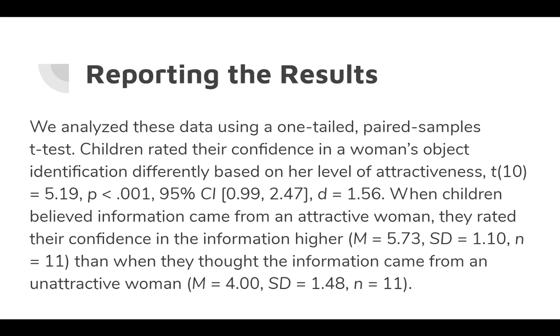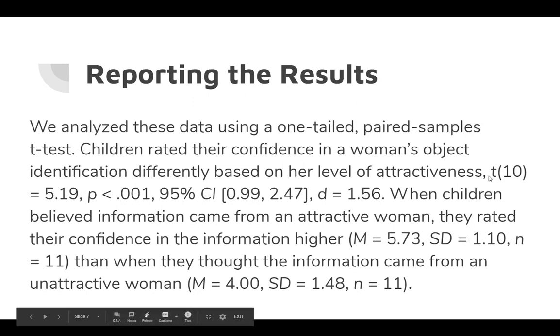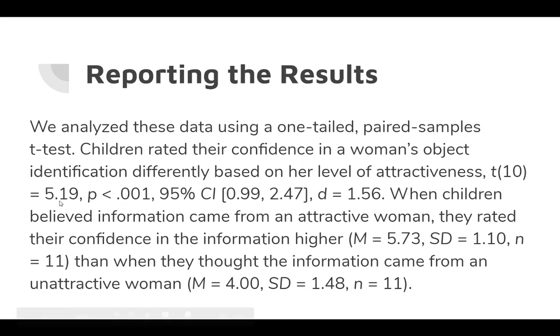So we said that there was a difference, and then we give the t here with the degrees of freedom, which was 10. Then we say what t equaled from the previous table. P is less than 0.001, and then we reported a 95% confidence interval. You don't have to do this, but a lot of people like these. And then the Cohen's d is equal to 1.56.